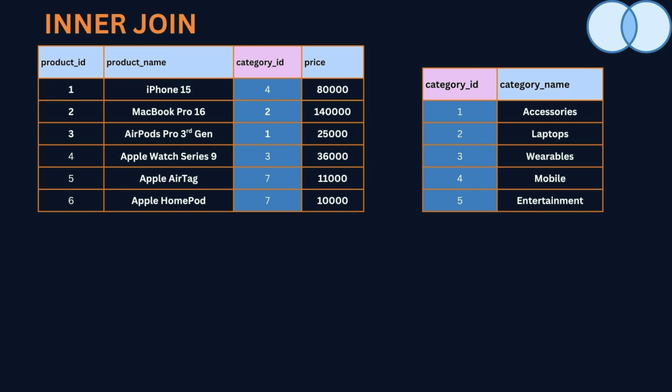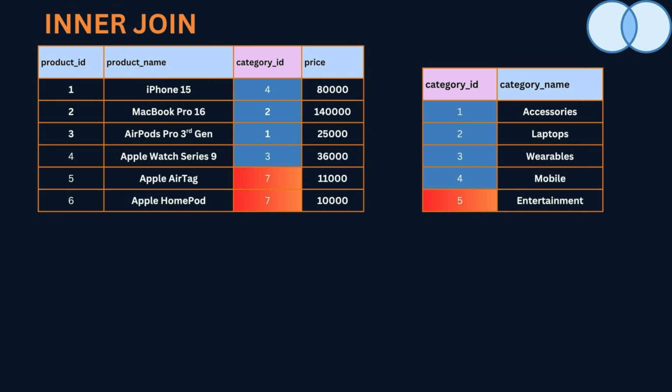And in the categories table, the categories are 1 to 5. So from this data, it's very clear that category 7 from the products table is not present in the categories table. And category 5 from the categories table doesn't have any product in the products table.